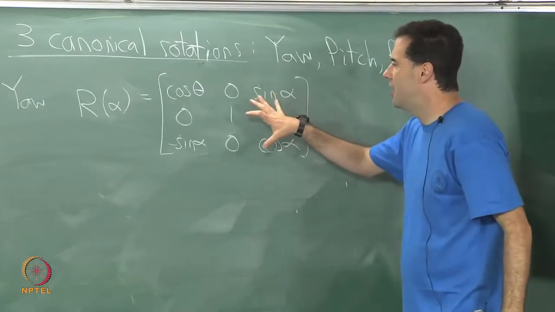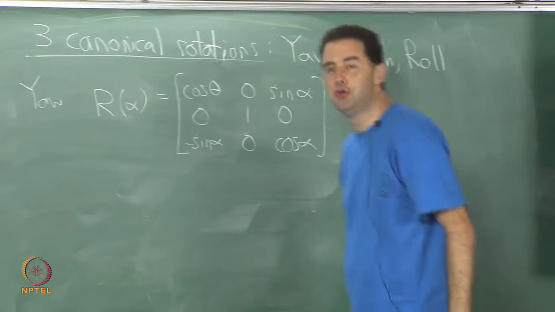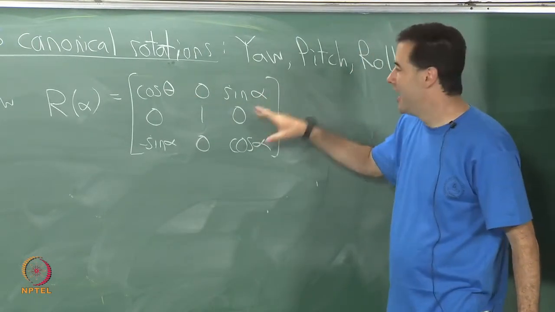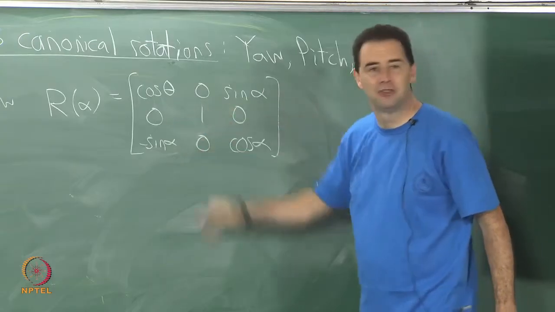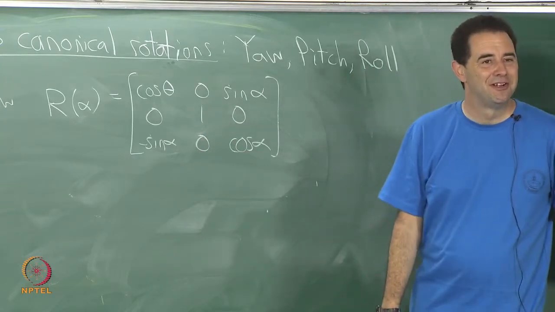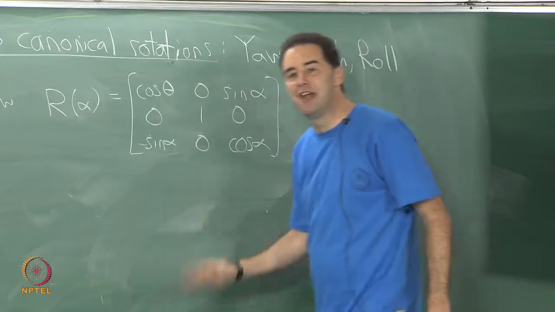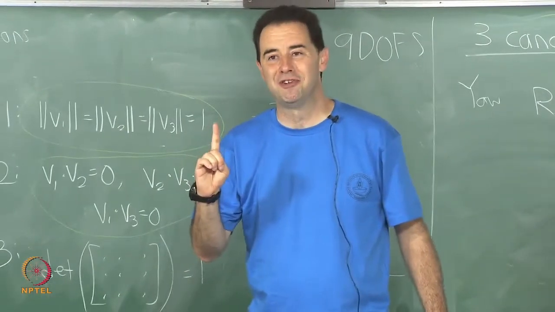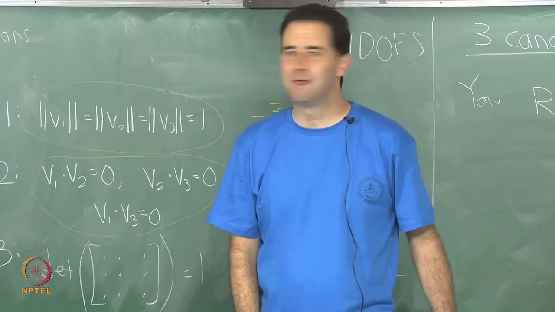This looks a lot like the 2-dimensional rotation matrix if you look at the corners, and the center part looks a lot like the identity matrix, right? The center part looks like the identity matrix because it's basically saying don't disturb the y coordinate.